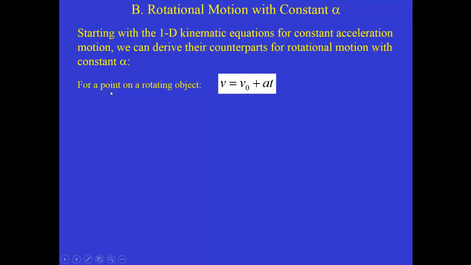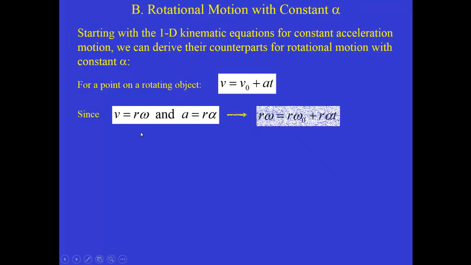So here's how it works. For a point on a rotating object where it has some initial velocity v0 and then there's some linear acceleration a and a time t, this tells us how the velocity of that point changes in time, right? Well, all we have to do to come up with the rotational analog to this equation is replace each of these terms, v, v0, and a, with their rotational counterparts.